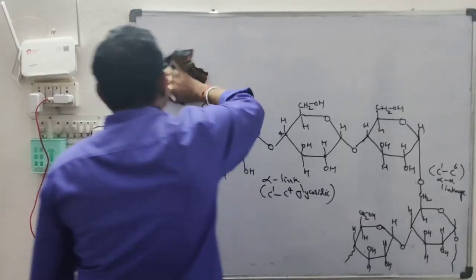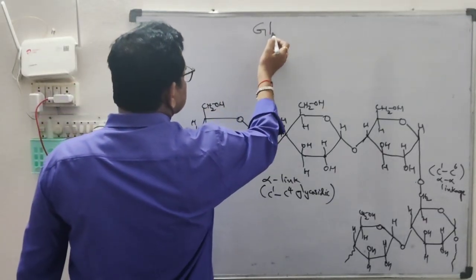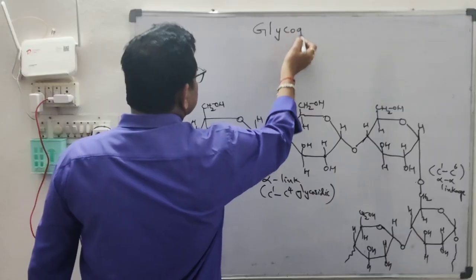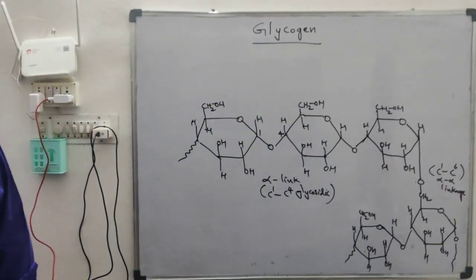Then the next and last one is glycogen. So what about glycogen? Actual glycogen is a carbohydrate, no doubt.